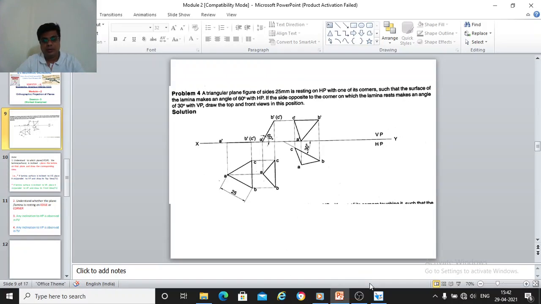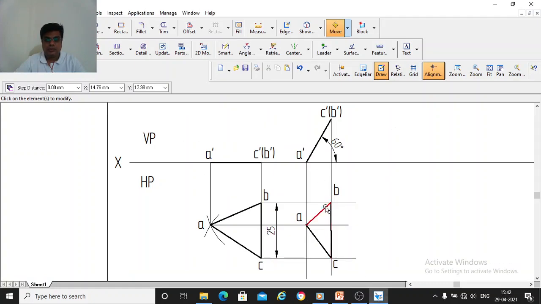So you have to take this triangle and redraw it here, so that BC is at 30 degrees to the vertical plane. The angle with respect to the vertical plane will be seen in the top view.